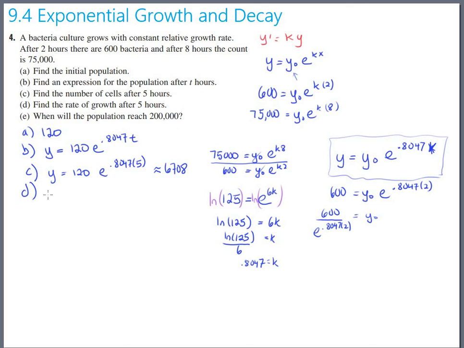So we go back to the original y equals 120 e to the 0.8047 t, and say if I want to talk about the growth rate per hour, not the growth rate relative to the size of the population, we need the derivative. And that's a pretty easy derivative.